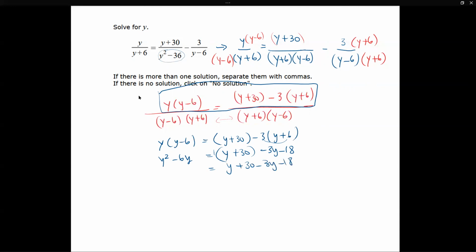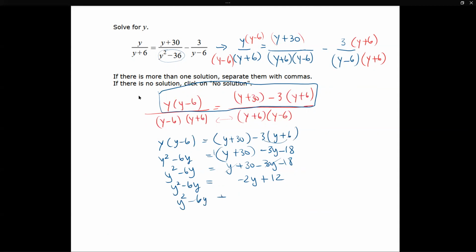Right? And y squared minus 6y. Here you have a y and a 3y, so negative 2y, right? What else? We have a 30 minus 18, it's a positive 12. We have y squared minus 6y.